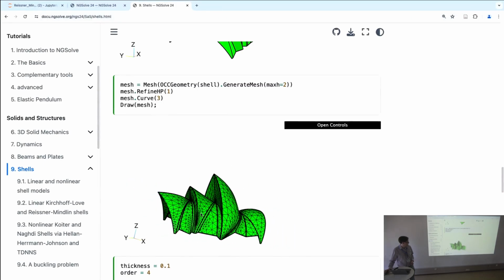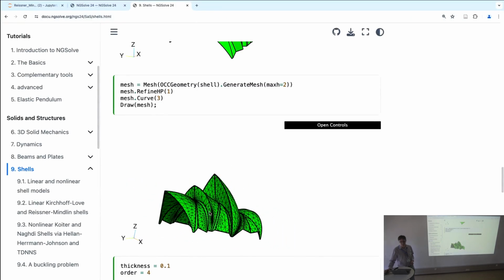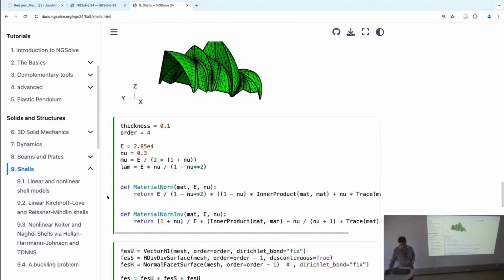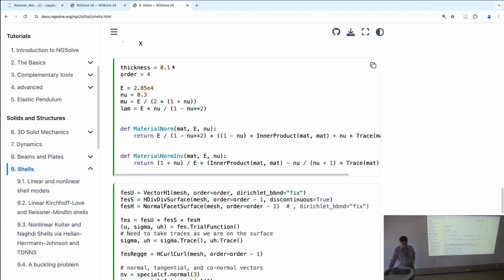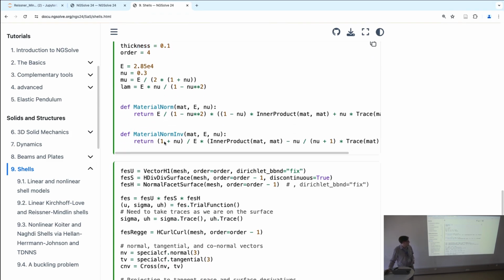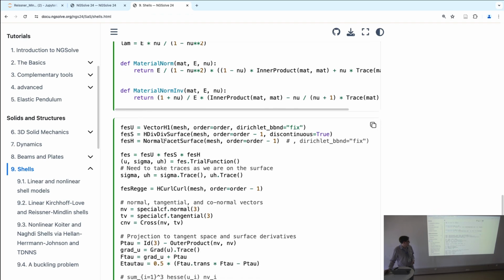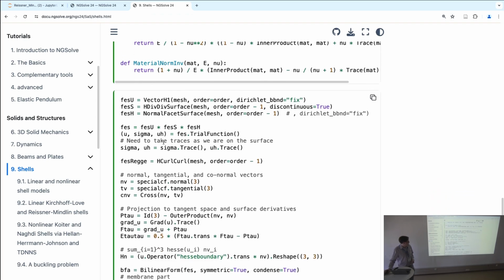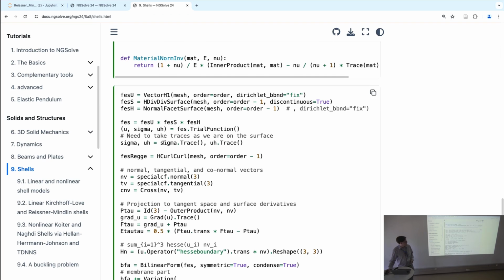It's a kinked structure, so it's not smooth. But we still want to solve a nonlinear Koiter shell, for example, or Kirchhoff-Love shell. So we always have the thickness parameter, because we only have a 2D mesh, but in reality it's three-dimensional. Some material parameters, Saint Venant-Kirchhoff material law. And we also use a mixed method for the bending energy.